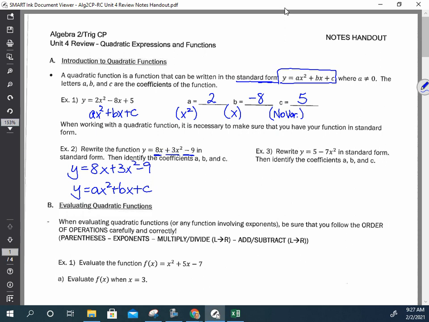You want the x squared term to go first. So this 3x squared has to move. Just remember, if you're going to move 3x squared, you've got to move the sign along with it. The 8x is going to move behind it, and then minus 9.